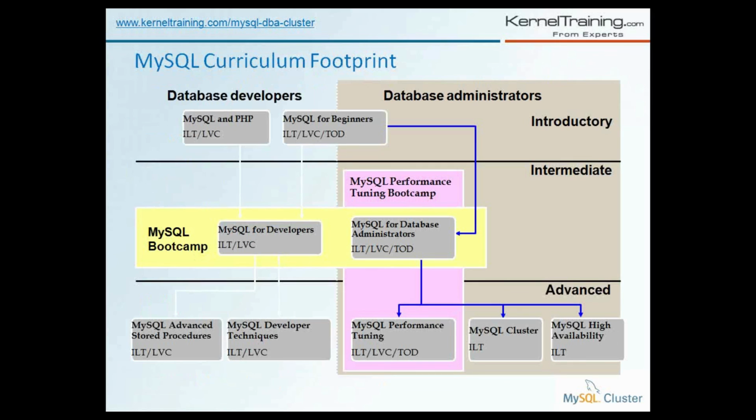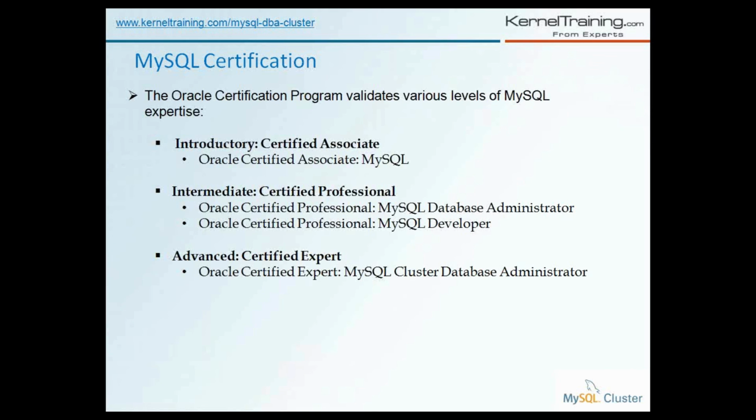Curriculum path: we are DBAs at the intermediate level, and we have 3 more options to enhance ourselves. One is performance tuning, one is cluster and high availability, and we are enhancing ourselves by going through clusters. Guys, everyone needs recognition, and an international certification is proof that we know something, and Oracle certifies you.